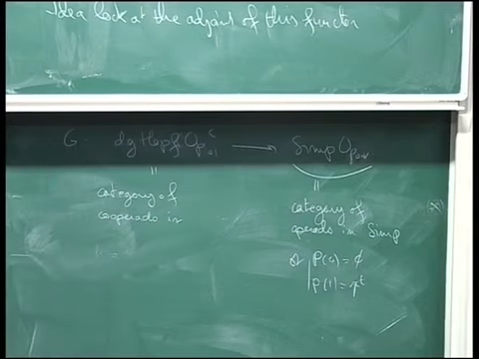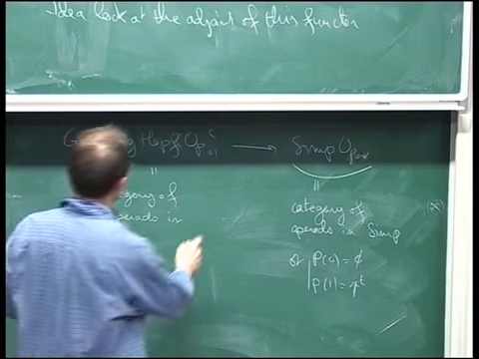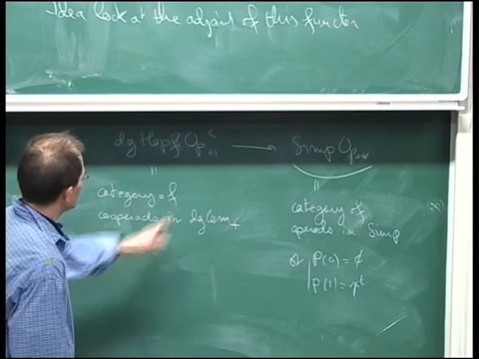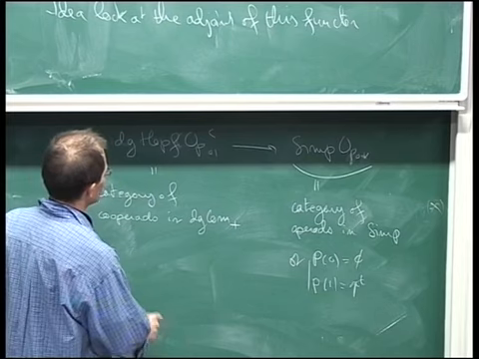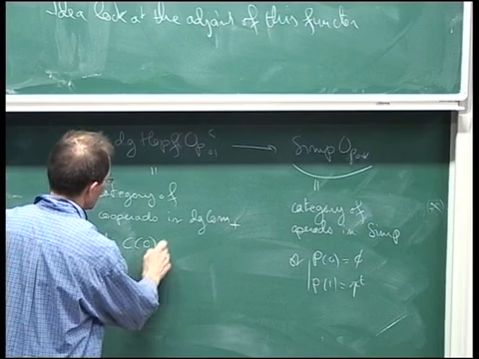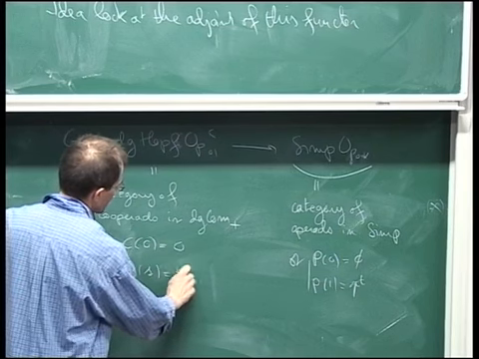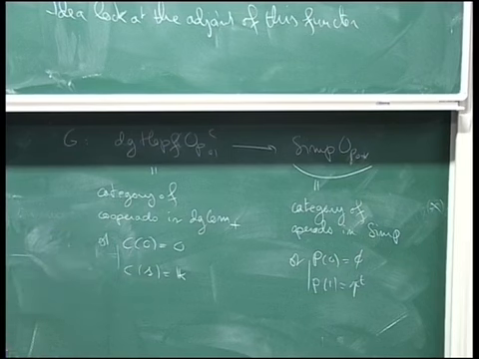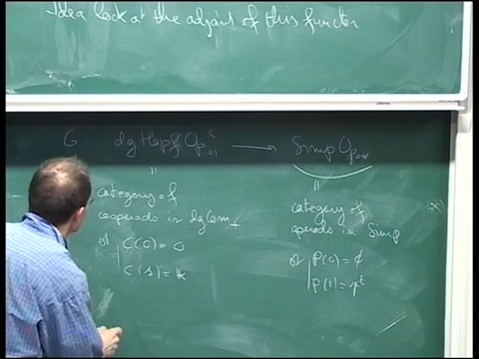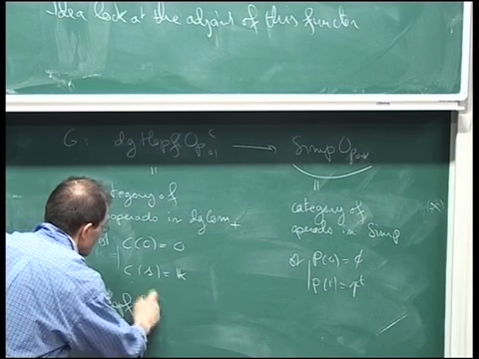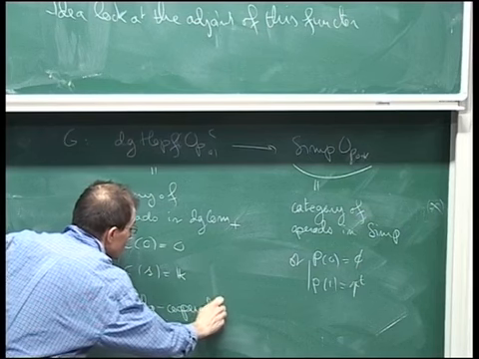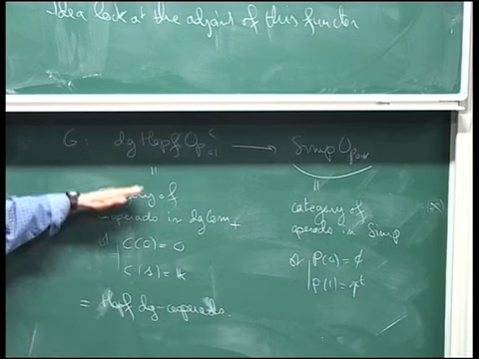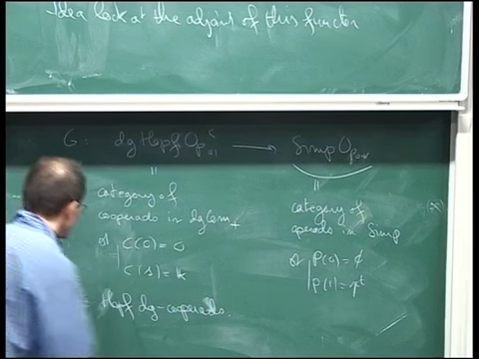Hopf says that I'm considering cooperads in DG commutative algebras, with (0,1) meaning that C(0) is 0 and C(1) is K. So I use the name Hopf DG cooperad to refer to these structures.